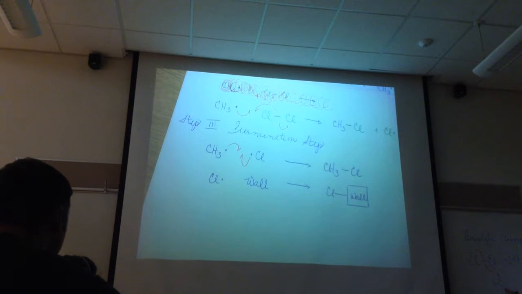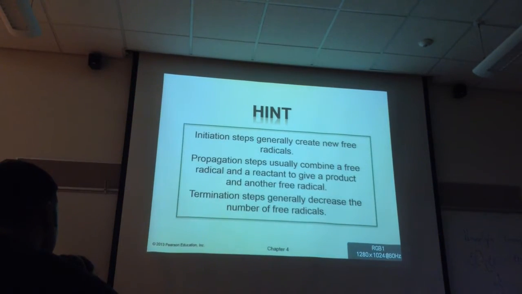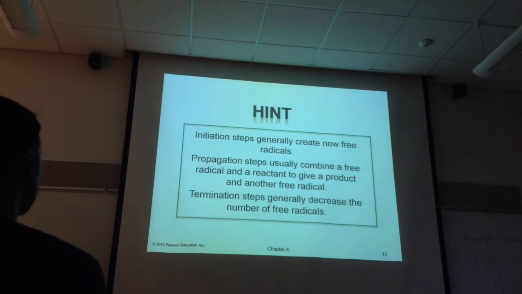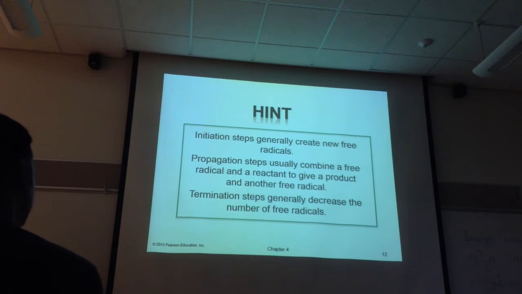I want to take a quick look at some other stuff that you should know. Again, sorry, we're looking at the PowerPoint. Your PowerPoint and your chapter want to finish this with a little bit of a summary: in the initiation step, you created the free radical; in the propagations, you continue generating at least a radical.